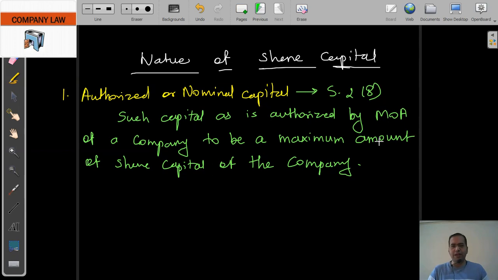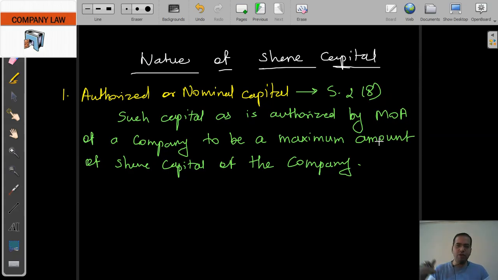Let's assume that the company is going to issue 10,000 shares for 1 lakh capital, equally divided into shares of rupees 10 each. So my capital clause of the company will say like this: the authorized share capital of the company is rupees 1 lakh divided into 10,000 equity shares of rupees 10 each. So rupees 10 is the face value of the share.